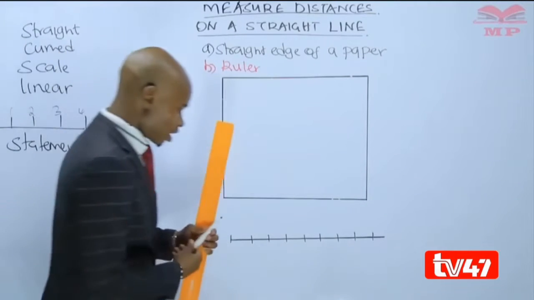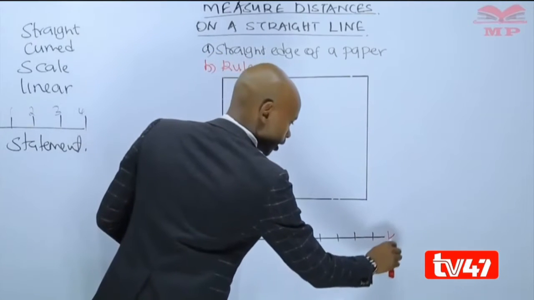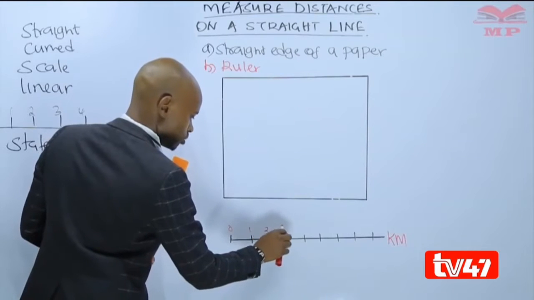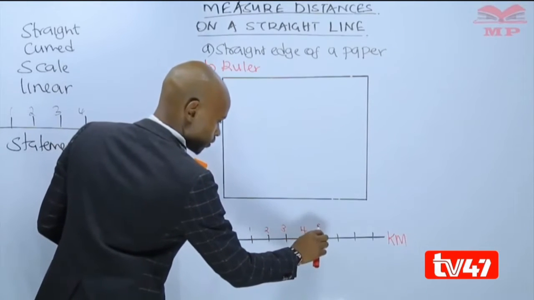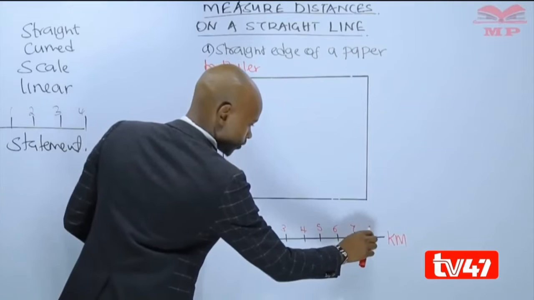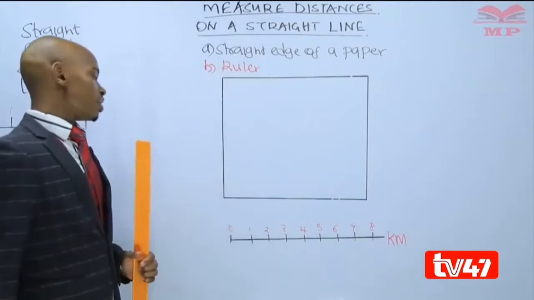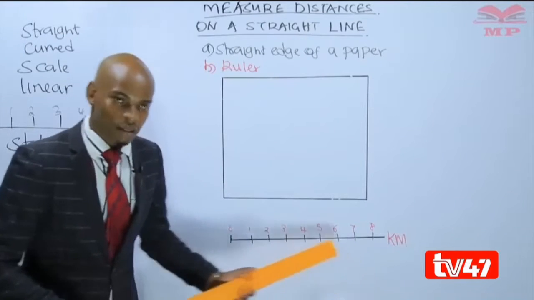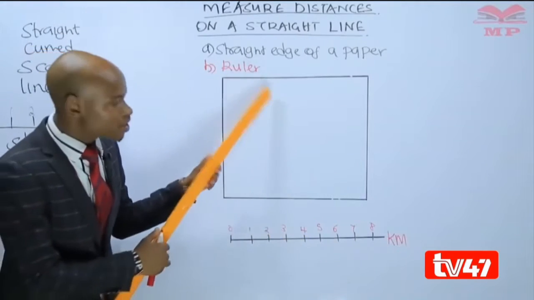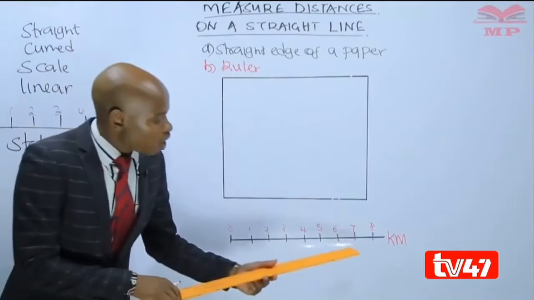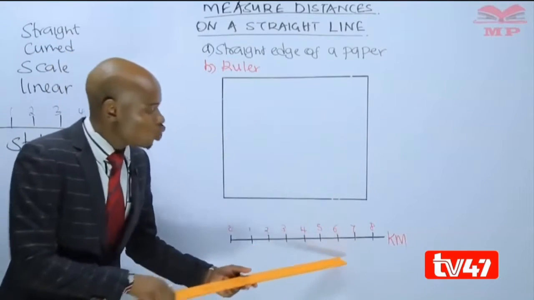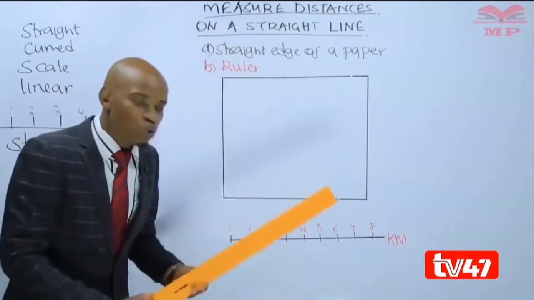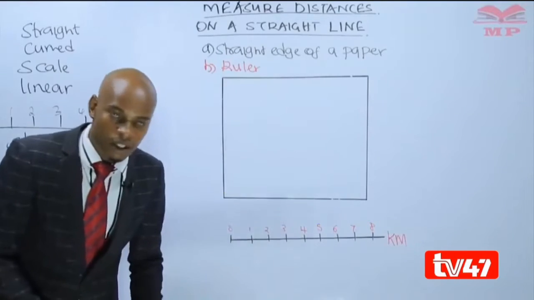That is our linear scale for today in kilometers: 0, 1, 2, 3, 4, 5, 6, 7, 8. That one is enough. This is what we learned in our last session, a linear scale, because we agreed that you cannot get a distance in a map without a scale, because a scale will translate whichever measurement we get here into the actual measurement on the ground.